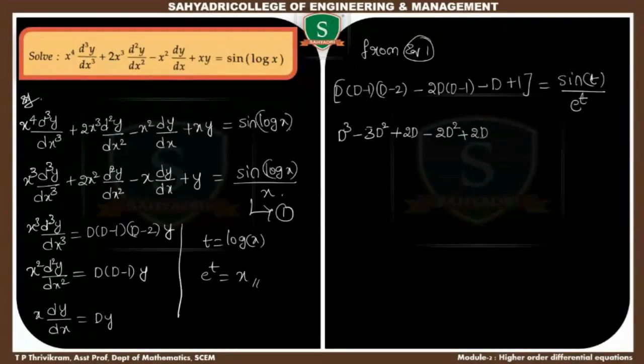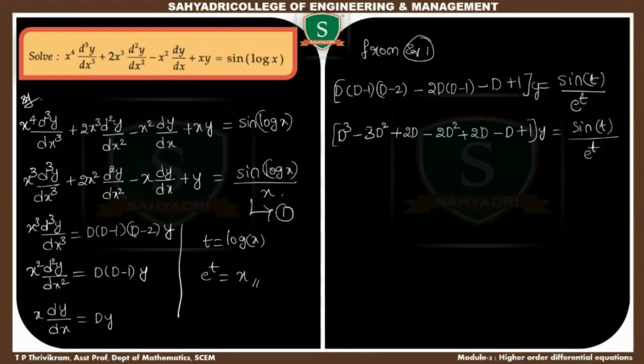Okay, next minus d plus 1 into y equals sine t divided by e power t.